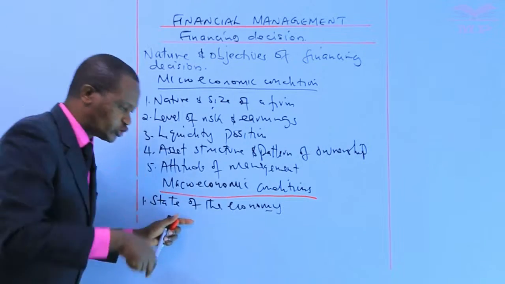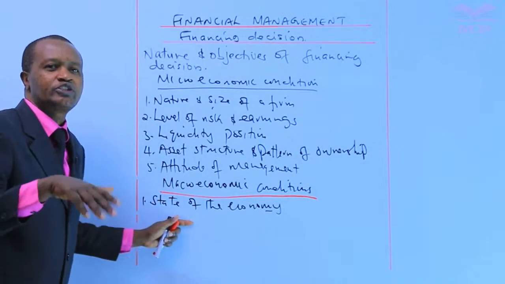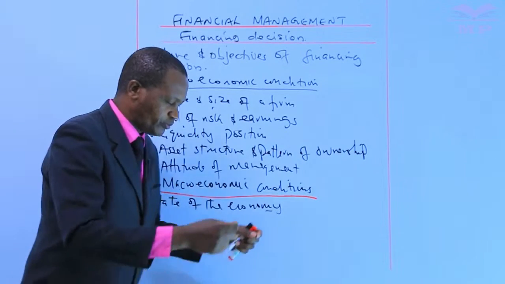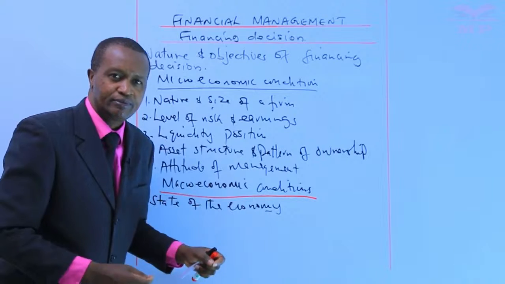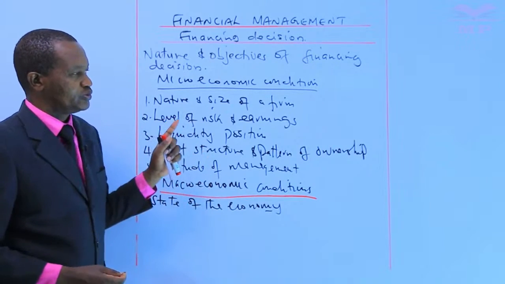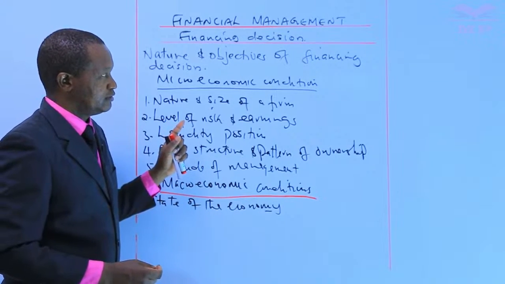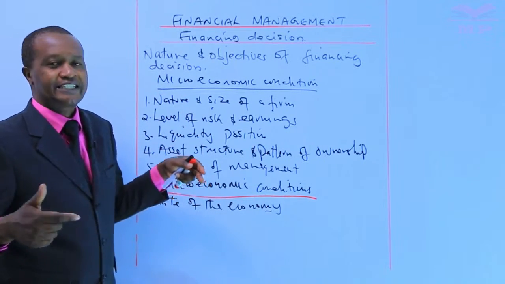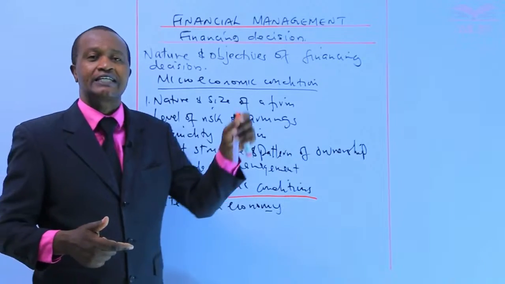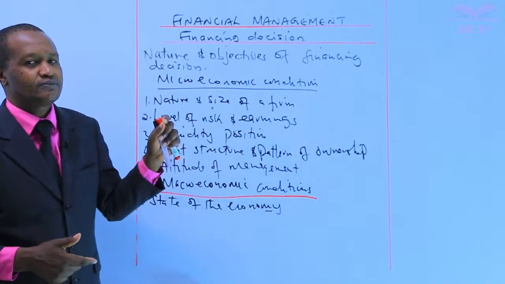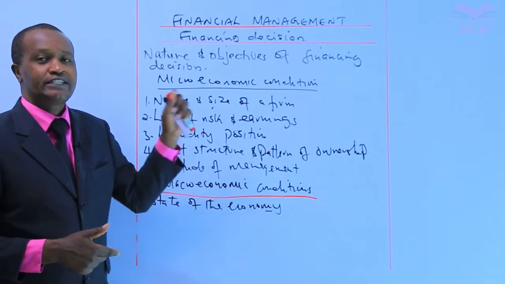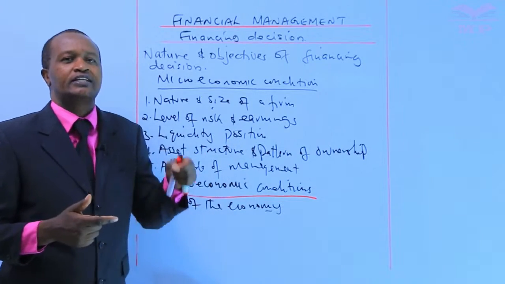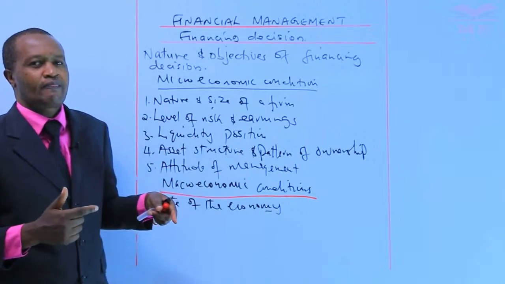But in terms of downtrend, the stress should be on internal financing. When the economy is in a slump, it's not advisable to seek financing from external sources, because internal sources of capital are cheaper than the external sources. So when a company is operating in bad times, in times of downtrend, the stress should be on internal financing.